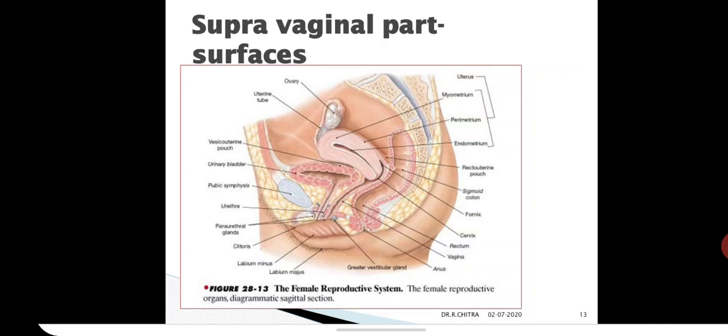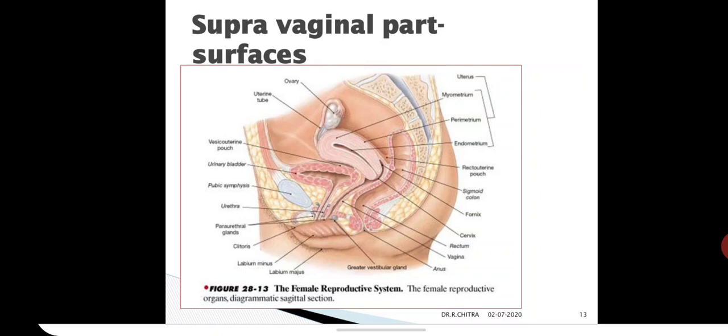Again in this you are seeing the supravaginal part surfaces. Same as the body of the uterus it will have surfaces. Supravaginal part in front, again it is related to the base of the bladder and it is non-peritoneal. Behind it is covered with the peritoneum of the rectouterine pouch.